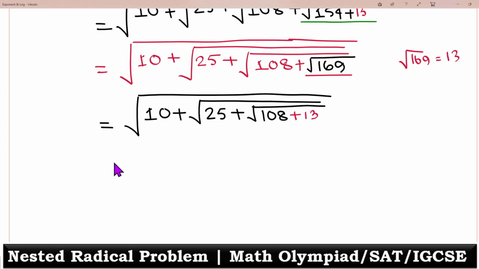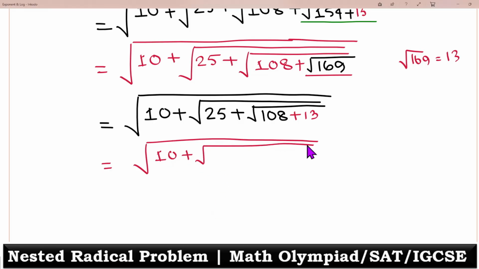Okay, then similar work, it's not so hard, just need concentration. 10 plus big root under another root 25 plus. Now look, here is 108 plus 13. Against this root we can write 108 plus 13 is a 121.